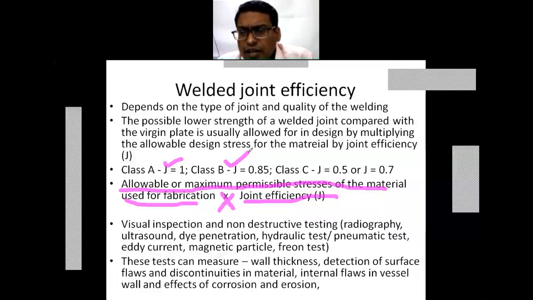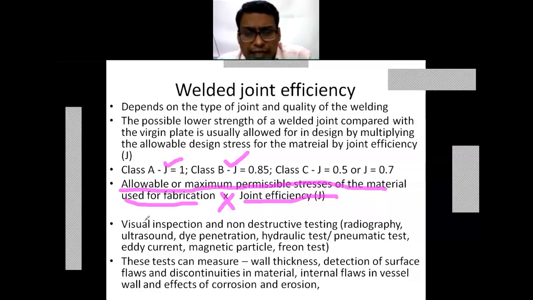These tests can measure the wall thickness, and detect surface flaws, if there are any flaws on the surface. The continuity or discontinuity in the material can also be studied from these different tests. Then the internal flaws in the vessel itself, and the effects of corrosion and erosion, can also be studied.